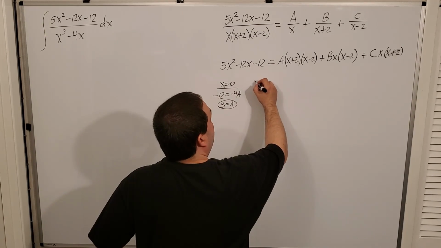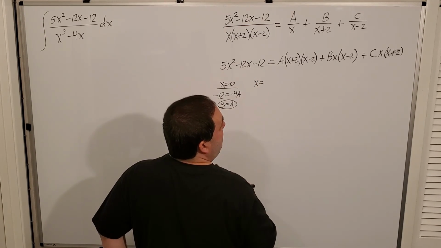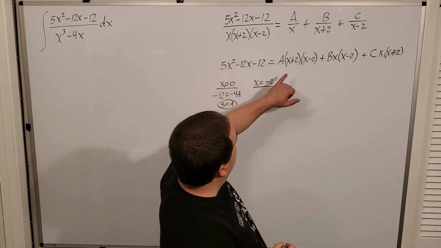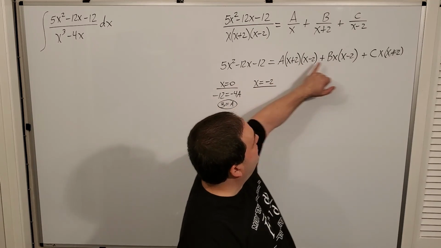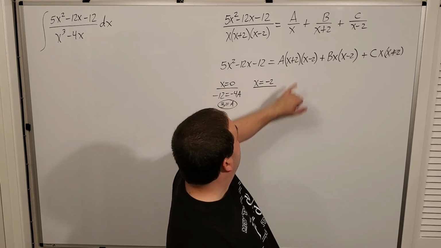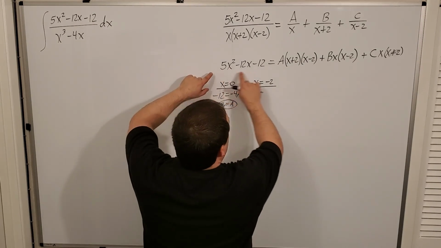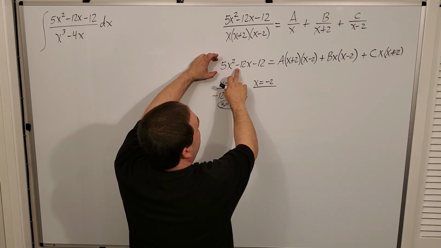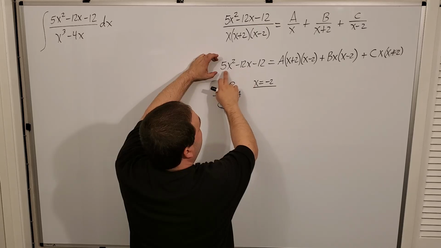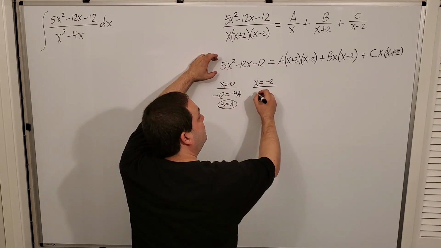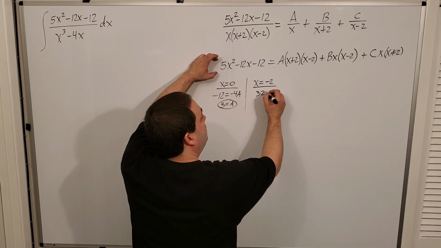Next, I'll pick when x is equal to negative 2. That will eliminate anything with the x plus 2 in it, because that'll zero x plus 2 out. On the left-hand side, I'll have 5 times 4 plus 24, so that's 20 plus 24 is 44, minus 12 is 32.